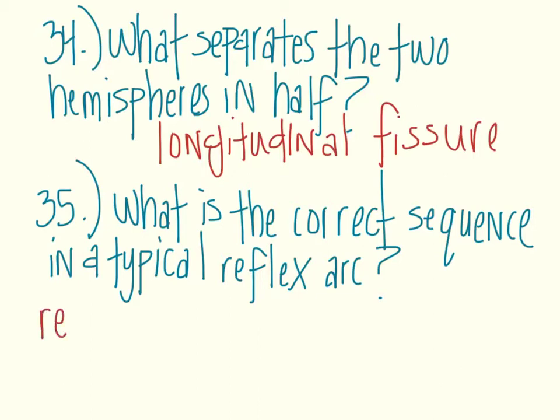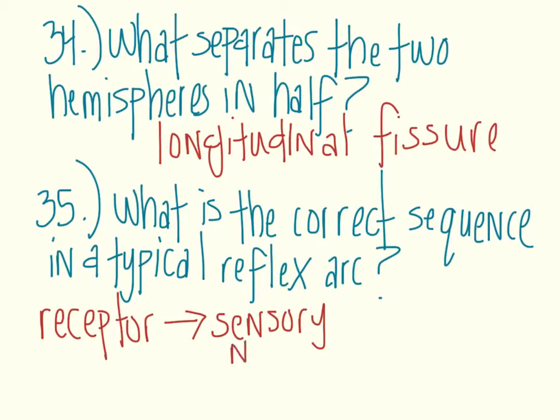It has a receptor, so that's going to sense a change. Then a sensory neuron will take that message to a control center. And normally that's the brain. It decides what to do.